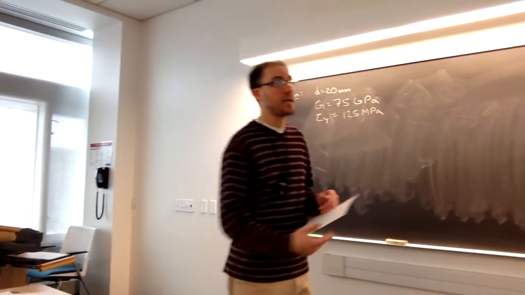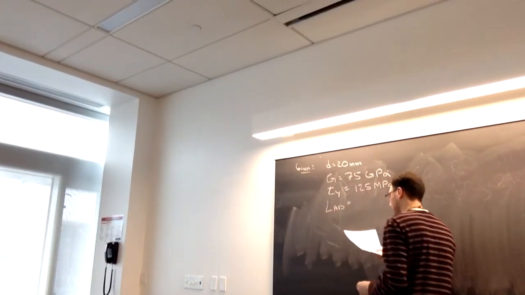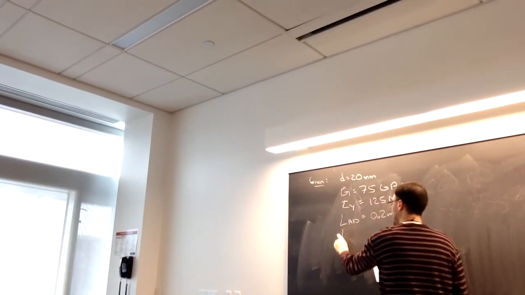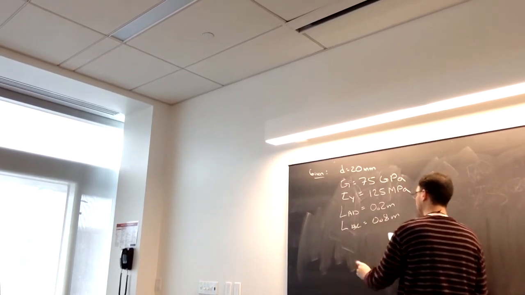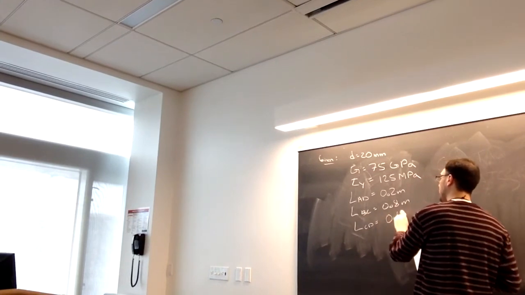So for each of those sections, I want to know the length of them, since I'll be using them in my calculations. The length between A and D is 0.2 meters. Between B and C is 0.8 meters. And between C and D, 0.6 meters.